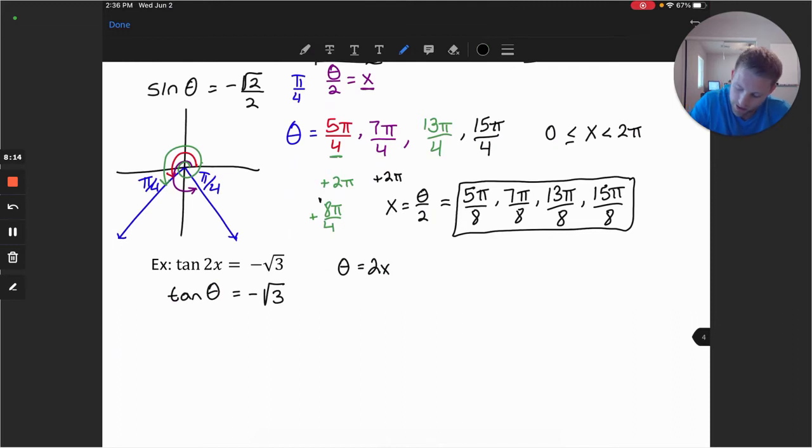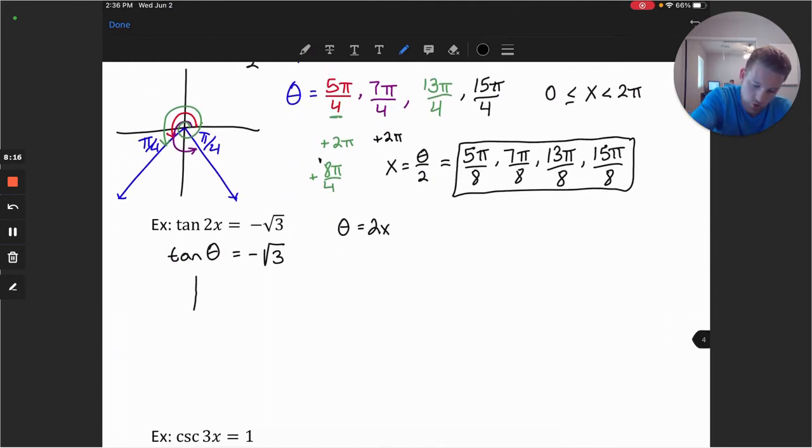So let's just draw in at least the 2 places in our unit circle that occurs. So our tangent function is going to be negative in both the second and the fourth quadrants.